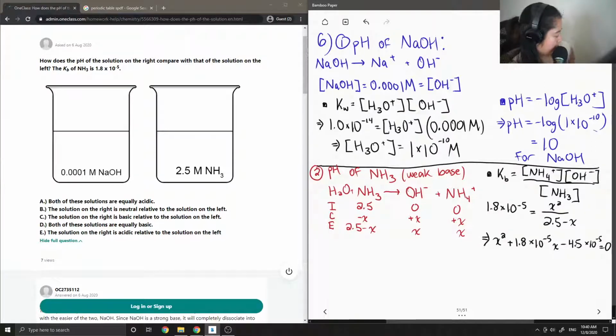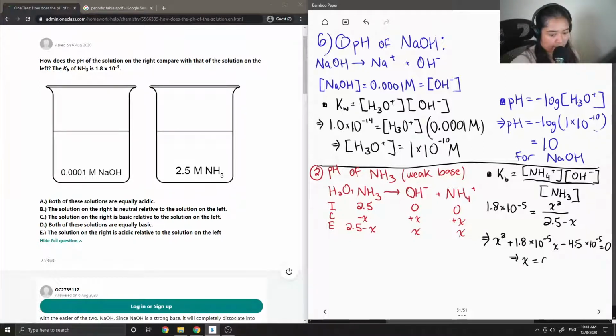So at this point, since we have a quadratic equation, we can plug it into the quadratic formula, or you can just use an online calculator to solve for your x value. And we always want to get the positive value because there's no such thing as a negative concentration.